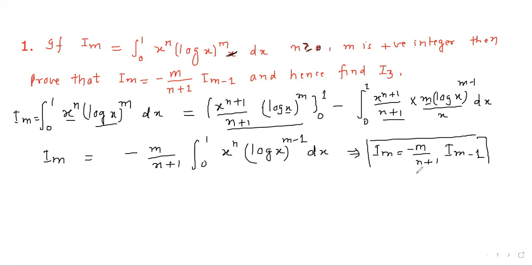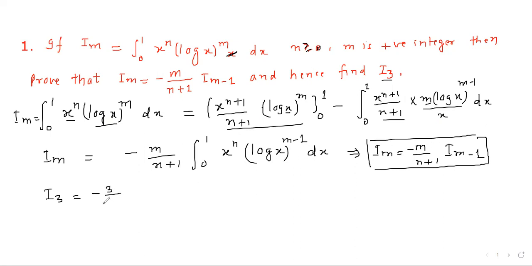So we can write I_m equal to minus m upon n plus 1 I_(m-1). Now we have to evaluate I_3. For this purpose, we will need I_1, I_2, and I_3. So when we find I_3, it will be minus 3 upon n plus 1 times I_2, here m equal to 3.